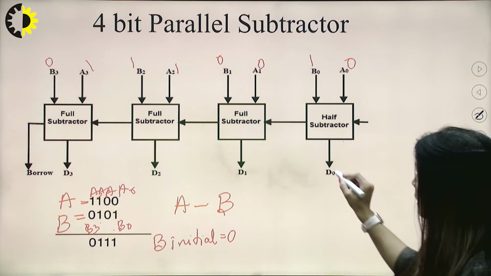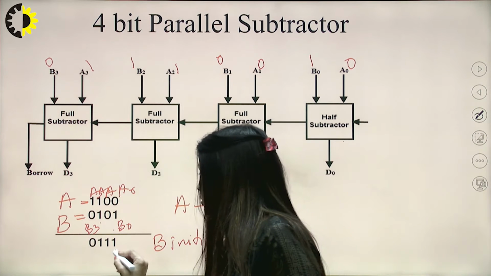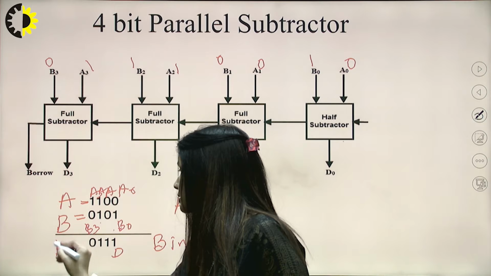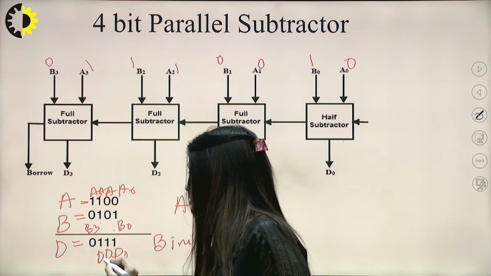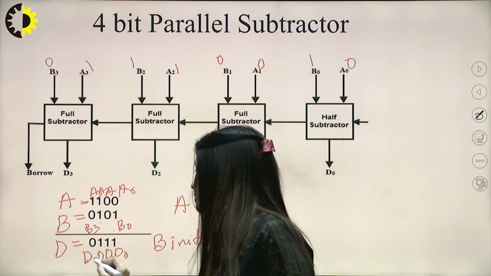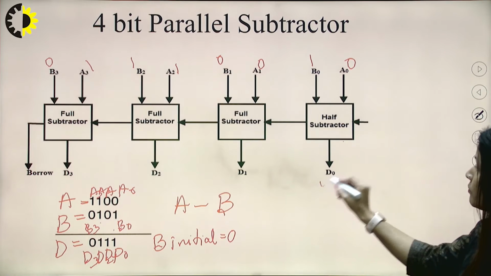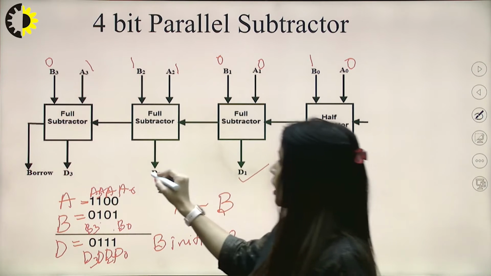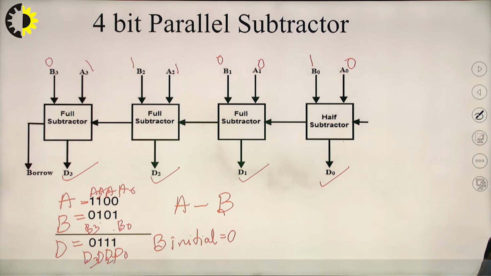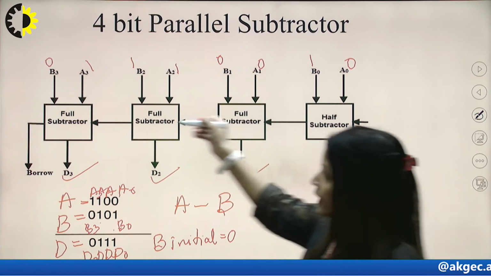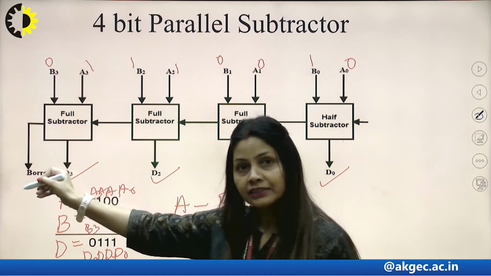The answer, that means the difference D0, D1, D2 and D3, we are getting from the output of each full subtractor, and these subtractors are connected serially.